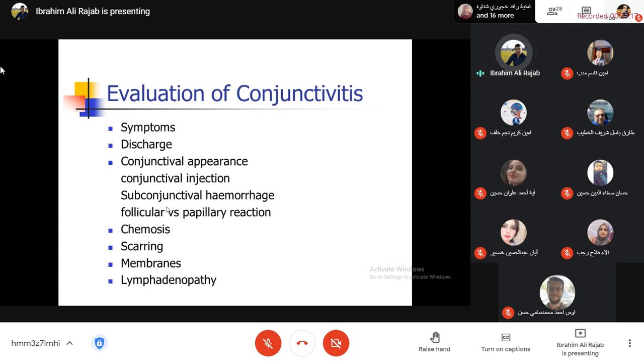If the patient presents with the symptoms of red eye, minimal discomfort, and no blurred vision, the discharge is watery, the conjunctival appearance shows redness in the palpebral and fornical conjunctiva, the conjunctival reaction is follicular, there is no chemosis, no scarring, there is membrane and lymphadenopathy, the patient has viral conjunctivitis.